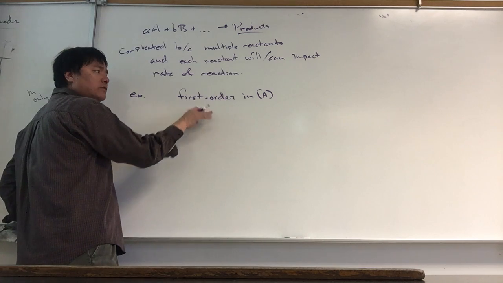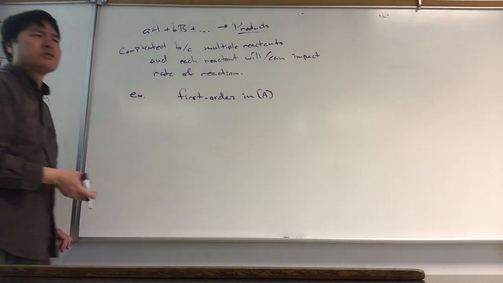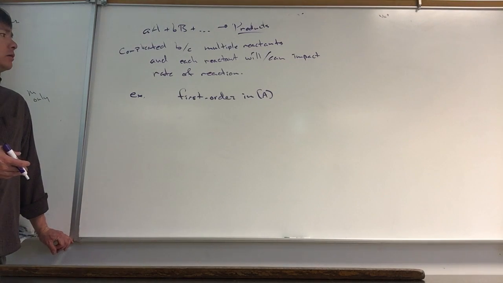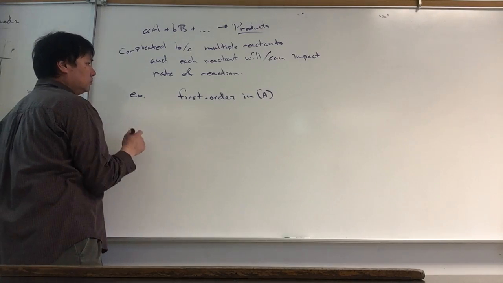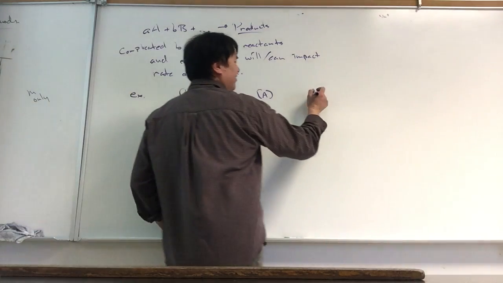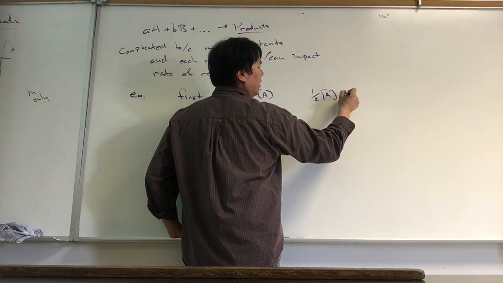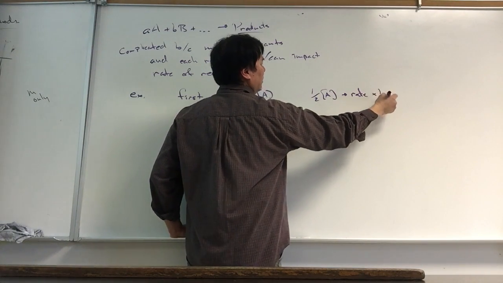If the concentration of A doubles, the rate doubles. So whatever you do to the concentration, the rate does the same. That's what we call first order. And so the example we'll use is if I cut the concentration of A in half, then the rate will be cut by half.